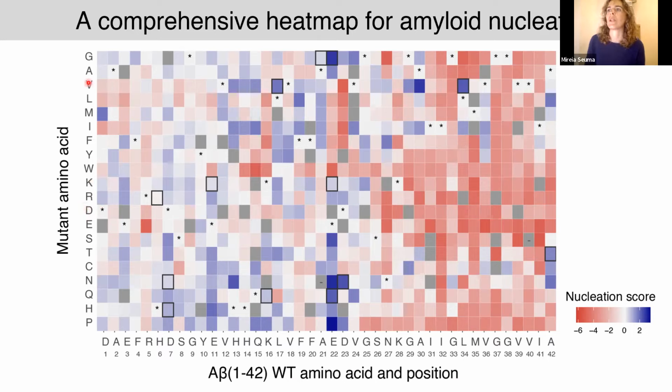Or for example, introducing aliphatics, they are not tolerated at the first 10 residues of the C-terminus, but from residue 12 onwards, they can increase nucleation. And this impact of hydrophobic residues is something that current predictors would have never guessed.